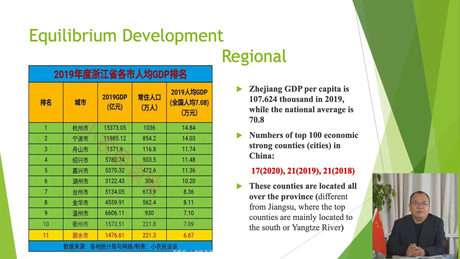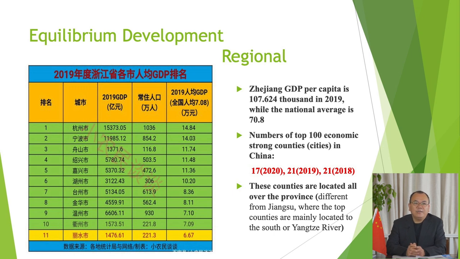Its GDP per capita is 148,000 yuan. Next to Hangzhou is Ningbo, 140,000 yuan. Then Zhoushan, Shaoxing, Jiaxing, Huzhou, Taizhou, Jinhua, Wenzhou, Quzhou, and Lishui.